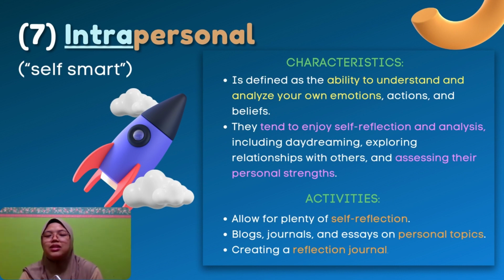Okay, next is intrapersonal. Intrapersonal is contrary to interpersonal: an interpersonal person can make friends and interact with other people, while intrapersonal is self-smart. It involves their own self. Intrapersonal intelligence is defined as the ability to understand and analyze your own emotions, actions, and beliefs.